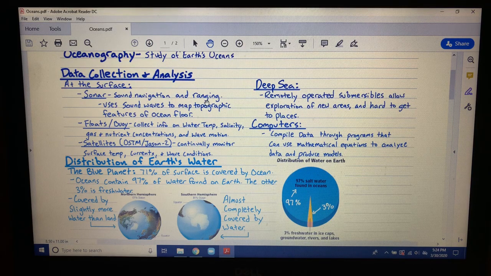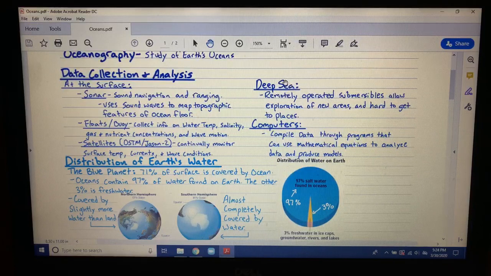They collect information on water temperature, salinity, which is how much salt is in the water, as well as various gas and nutrient concentrations, and wave motion. And then satellites from above can use infrared technology, like we've talked about before, to scan the surface as well as monitor surface temperature, currents, wave conditions, and much more.